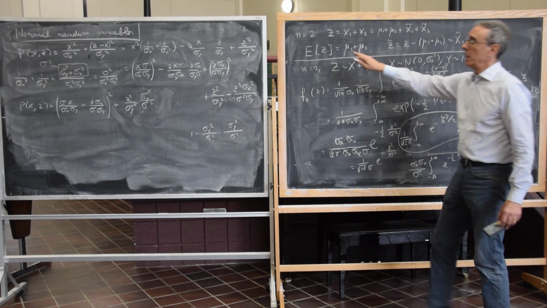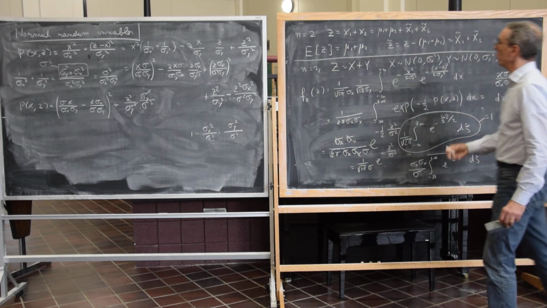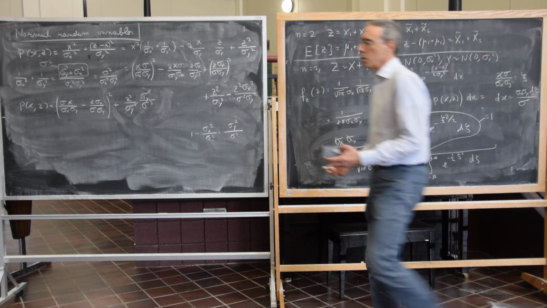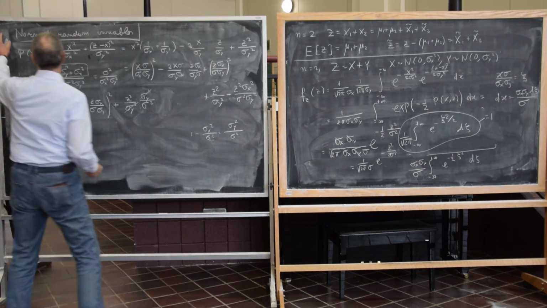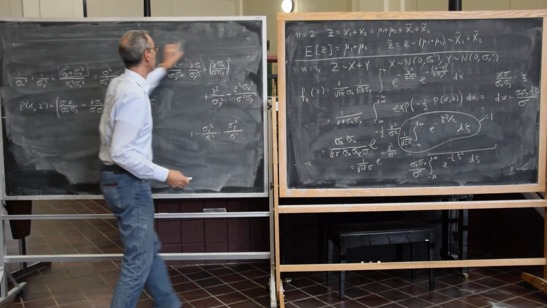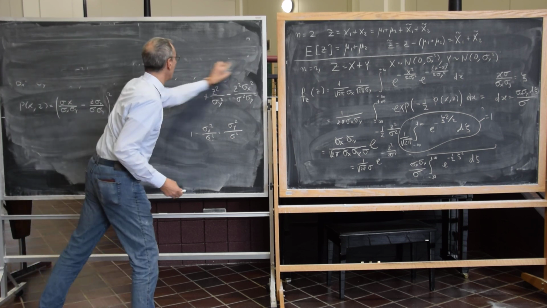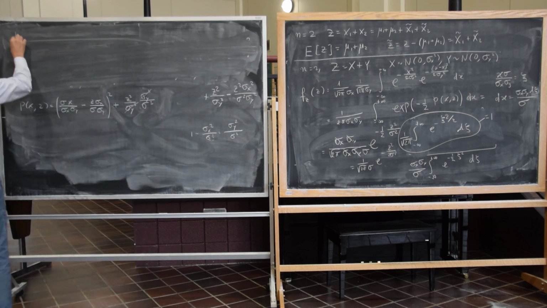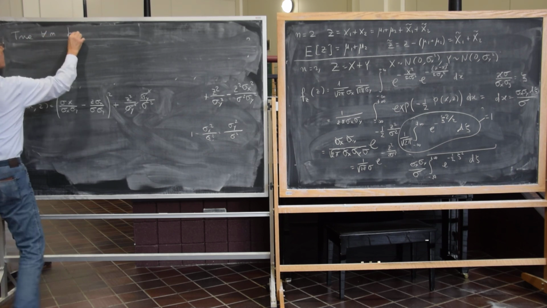We've done it for n equal to 2, but then of course, by induction on n, you can prove that this is true for all n. So this is true for all n, by induction.